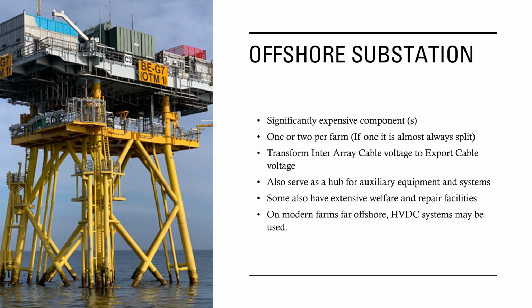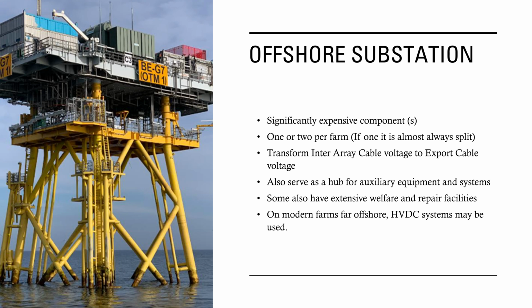So on modern farms, which are a long way offshore, we're often using HVDC systems now. What that means is that we will rectify the AC into DC in the offshore platform, high voltage DC, and send that down DC export lines, which have lower losses because of the lack of magnetic fields caused by oscillating current. And then onshore we will invert it and inject it into the grid.